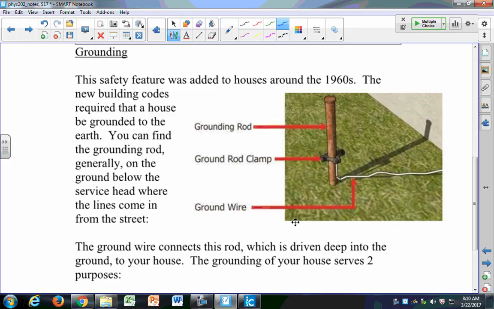If you have an older house like us, then you might not have that. So our house is actually grounded to the plumbing, which you can do as well, where the electrical system is connected to the plumbing, which also goes into the ground. But most houses have this grounding rod, it's a brass rod, and you have a piece of copper wire that's connected there. This piece of copper wire goes directly to the outlet.